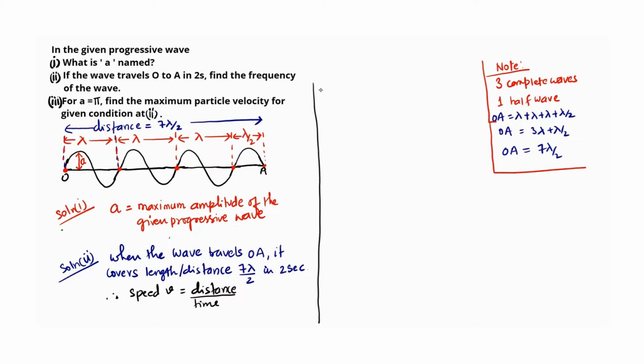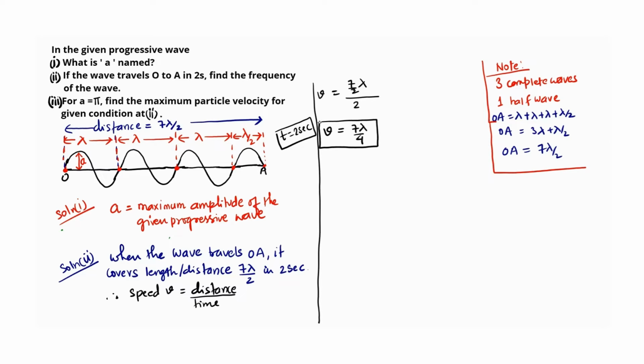So we have V equals 7 by 2 lambda divided by 2, because we have t equals 2 seconds. Therefore, we can write speed V equals 7 lambda by 4.